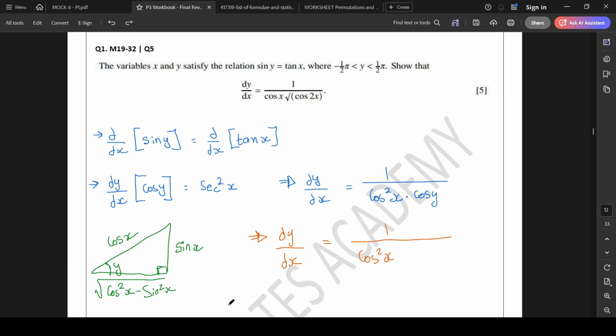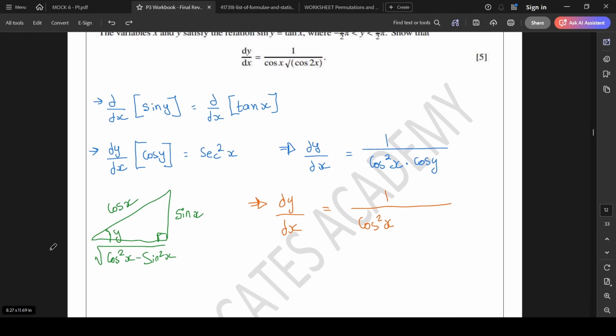Oh wait, I forgot to find the value of the cos y. So from here I can say that my cos y is adjacent over hypotenuse. So that is square root of cos 2x over cos x. So that is how you will see that one of the cos x will get cancelled over here.